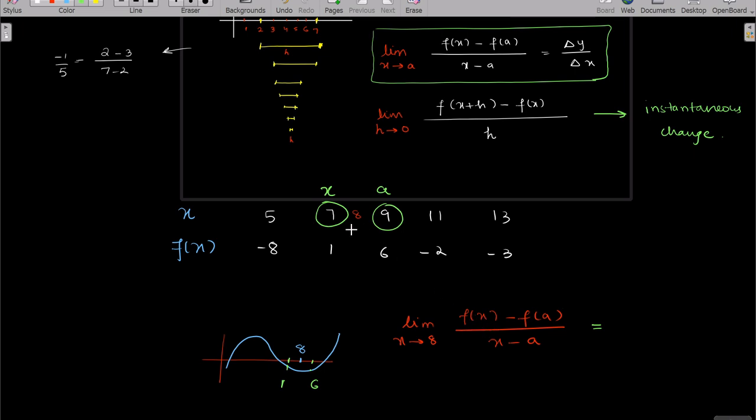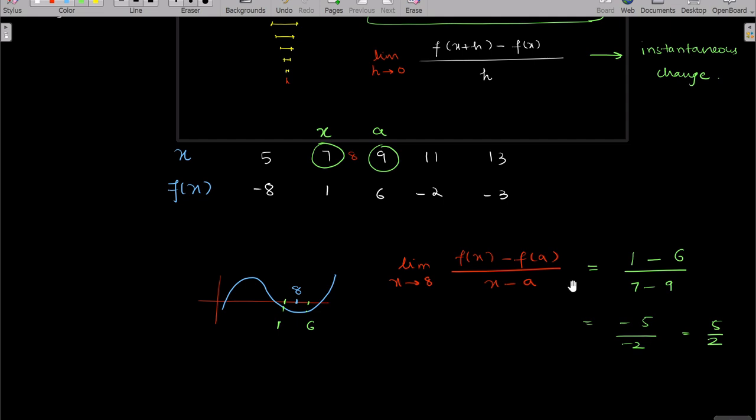So f of 7 is 1, minus f of 9, which is 6, and then x minus a, that means 7 minus 9. So this is going to be negative 5 over negative 2, or 5 halves. So the limit of the function when x approaches 8 is 5 halves, or 2.5 basically.